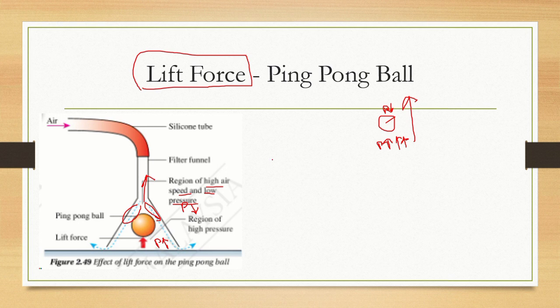So I repeat, the first point is you need to tell the region that have the high velocity and low pressure. And the second point is the region that have the lower velocity and higher pressure, which is the below one, is this, okay? And the third point is the difference between the high pressure and the low pressure will cause a resultant force.